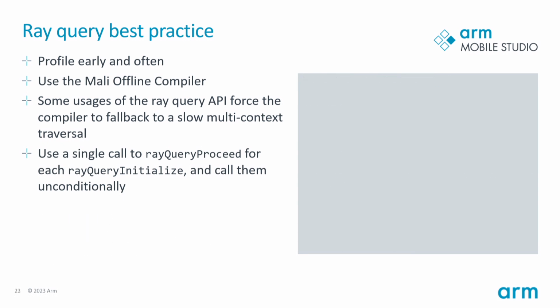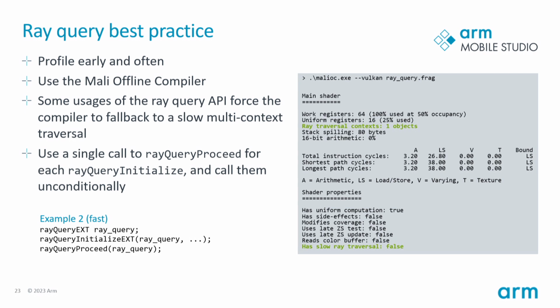So we can simply change the shader code. In contrast, if you have a single call to proceed after the call of initialize, we can see the report will now be updated to confirm, in green, that our traversal will likely be fast and only use a single traversal context. So it's very important to always check your shader code using our tool, the offline shader compiler.